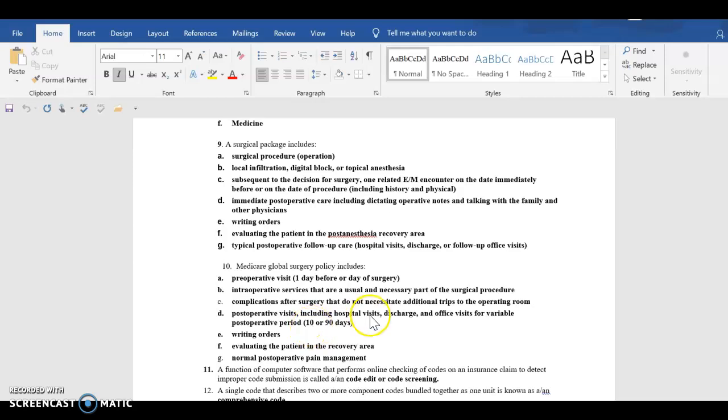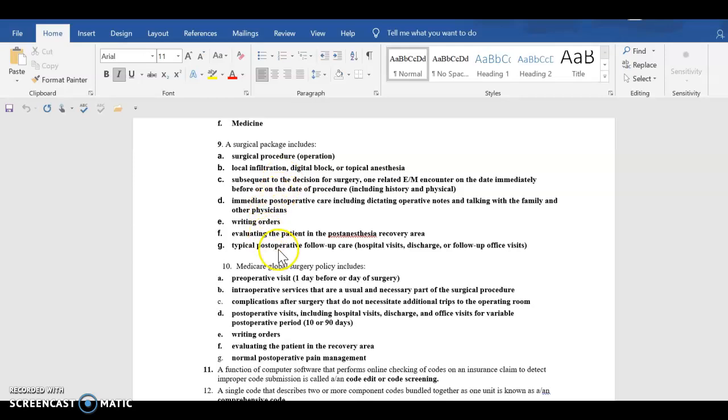So what they're telling you, if they would come in 2 days after that mole, that's included. Okay, that's a global. So one thing with a global, it is 1 day before surgery, that's preoperative, that they can't charge for. It's included in that surgery code. And then 10 days after. So again, that's a global.